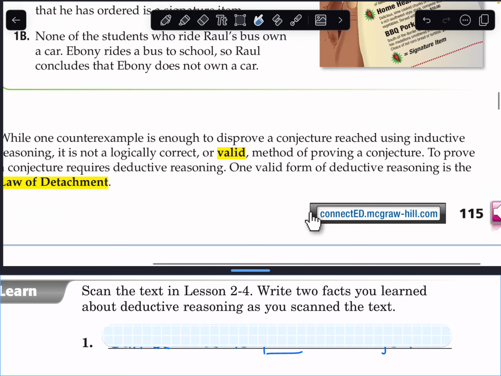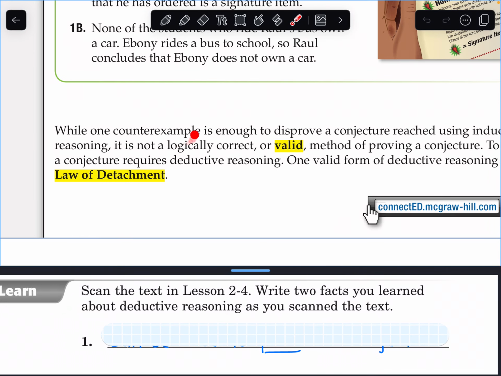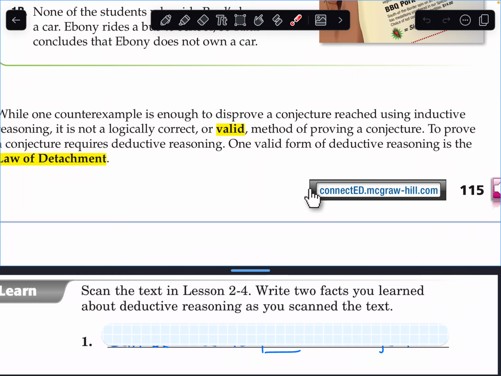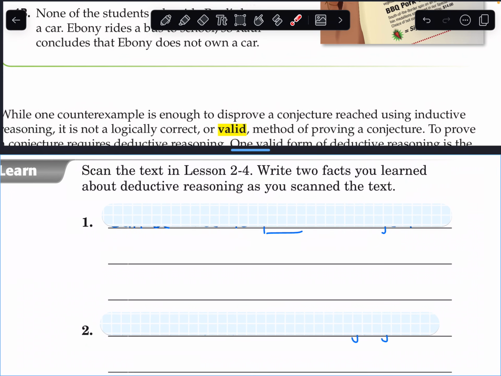A reminder about our inductive reasoning and the use of counterexamples: we could use a counterexample to prove something was false, but not to prove something is true. But here it says to prove a conjecture requires deductive reasoning. So the first thing about deductive reasoning I wrote down is that it can be used to prove a conjecture. Before we could only disprove it, now we have tools to prove it.